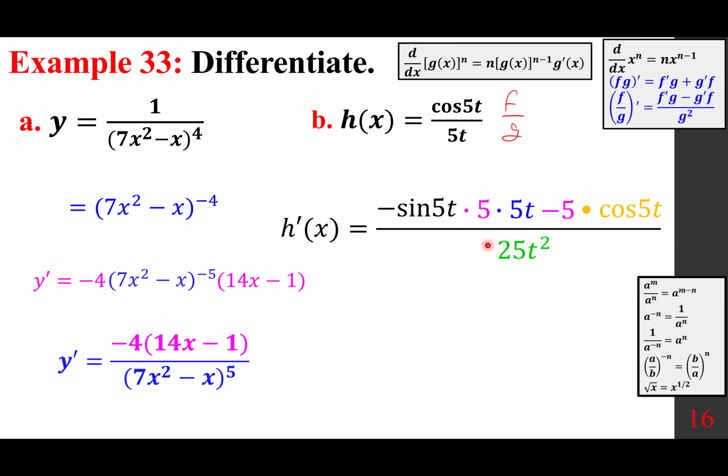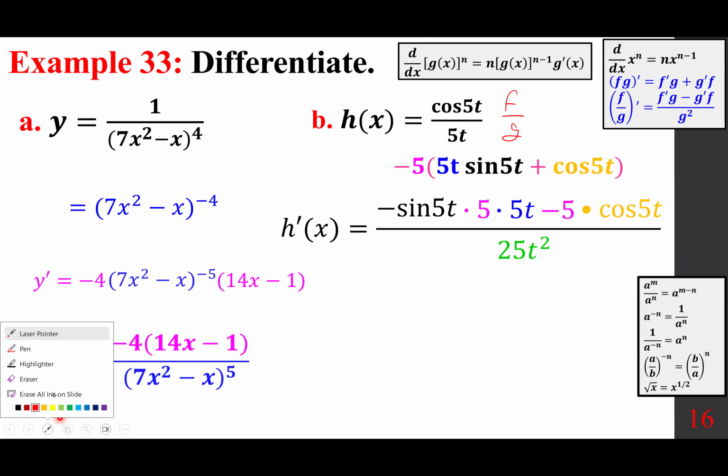To simplify, let's take a common factor from the numerator. We notice negative is in common, so is 5. So if I take the negative out as well as 5, this gives me 5t times sine 5t, and this just gives me plus cosine 5t. Okay, so that's the proper factoring.